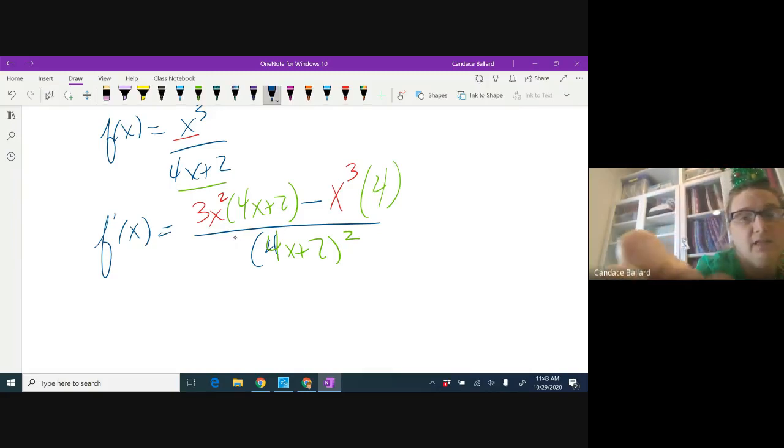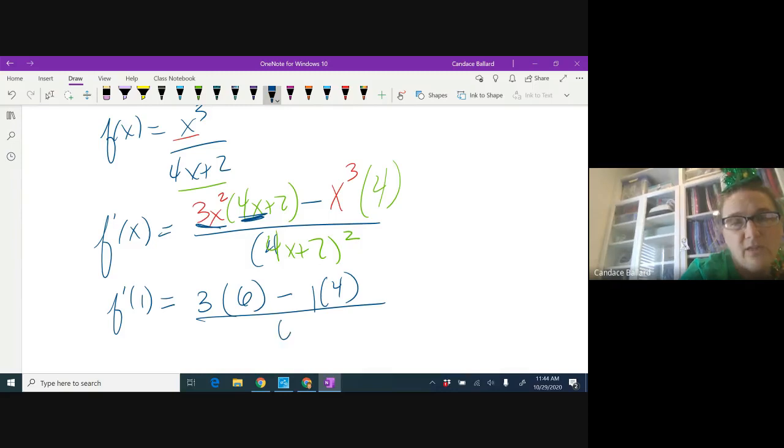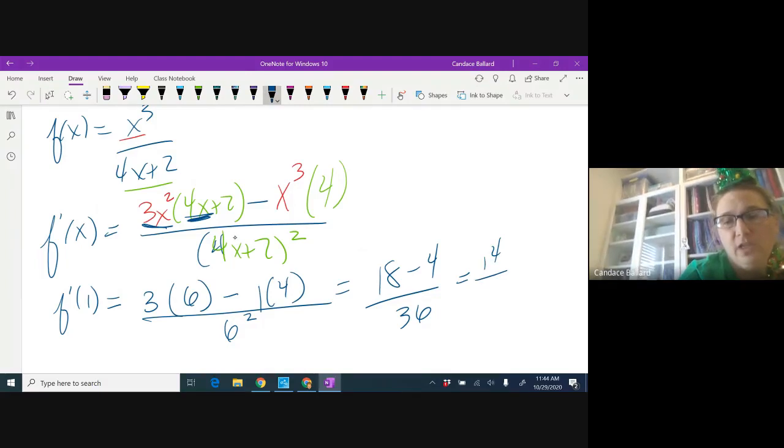So f prime of 1 equals, because it was the slope at x equals 1, 3 times 1, which is 3. 4 times 1 is 4, plus 2 is 6, times 1 cubed is 1 times 4, all over 6 squared. So I have 18 minus 4 over 36. 18 minus 4 is 14 over 36, which equals 7 over 18.